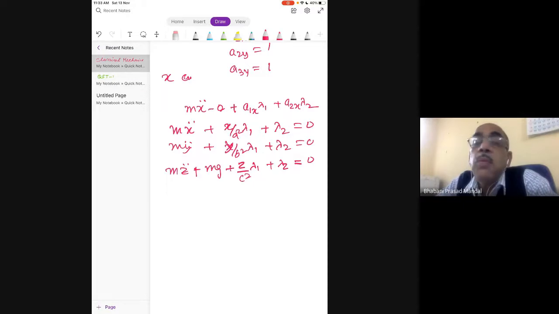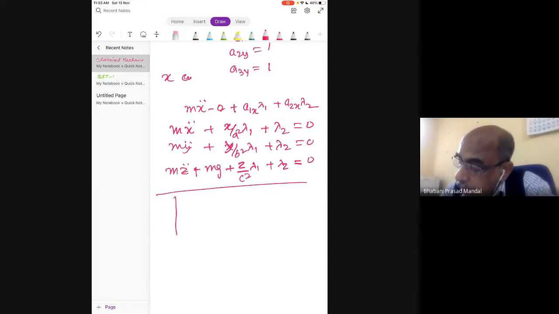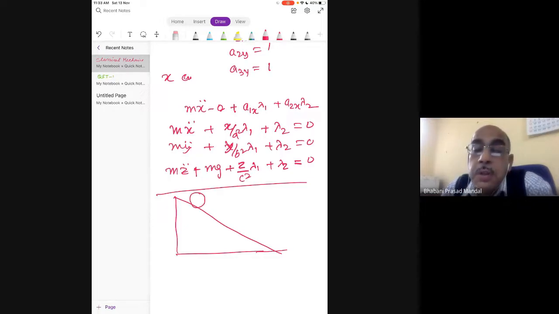I'll consider one more example. I'll not do the full calculation, but you can do it yourself. Suppose I have an inclined plane, and there is a circular hoop which is rolling down it. This length is L, its present position is x, and this angle is phi.